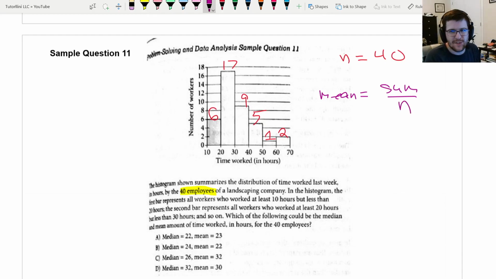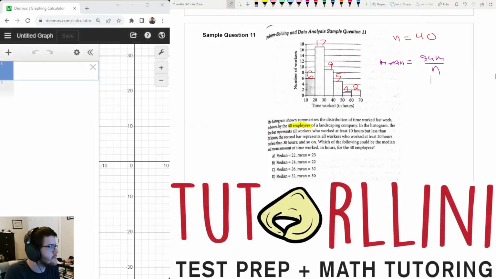So it might be easier if I just do this on Desmos. So the mean is, I'll do, how about A for average? We're going to do n is just 40, so that's what goes on the bottom. And then the sum, when you have a histogram or frequency table, that's what this is, a histogram, is we're going to multiply and add all these numbers.